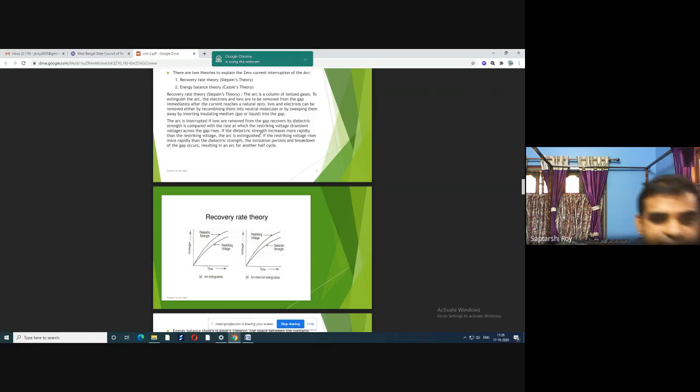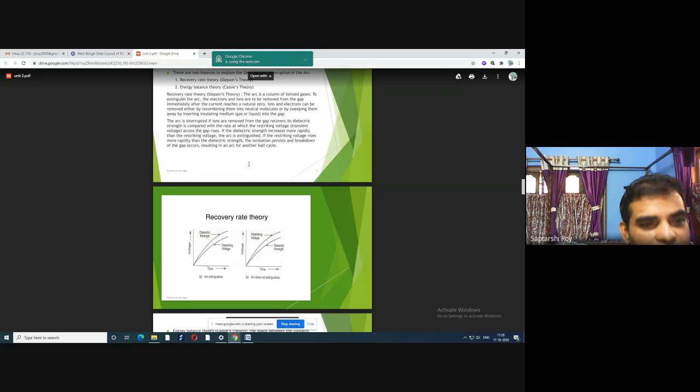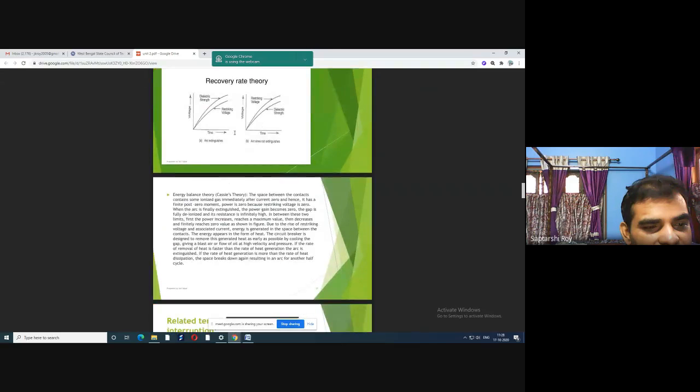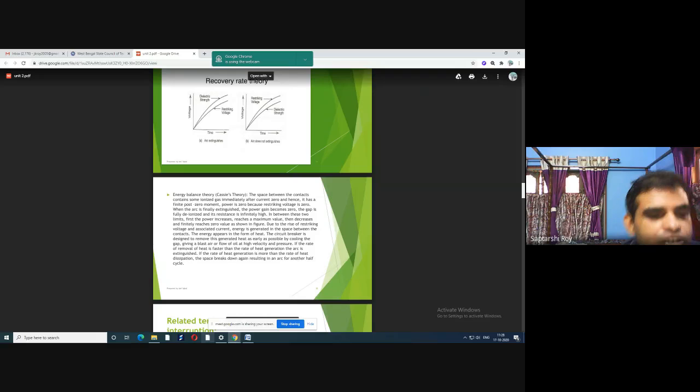If the restriking voltage rises more rapidly than the dielectric strength, the ionization persists and breakdown of the gap occurs, resulting in an arc for another half cycle. Here the arc extinguishing voltage curve is shown. So the dielectric strength, restriking voltage. When the arc is extinguished, the dielectric strength curve stays above the restriking voltage curve, and if the restriking voltage curve is above the dielectric strength, then the arc will not be extinguished.